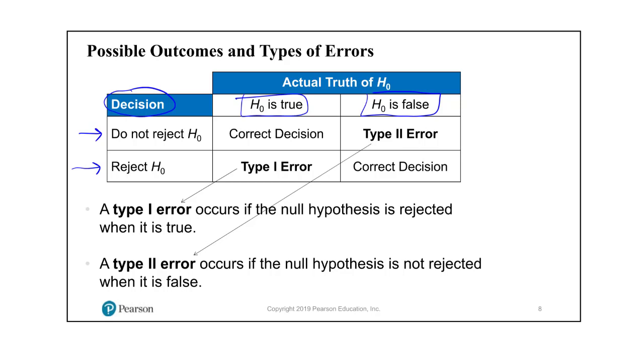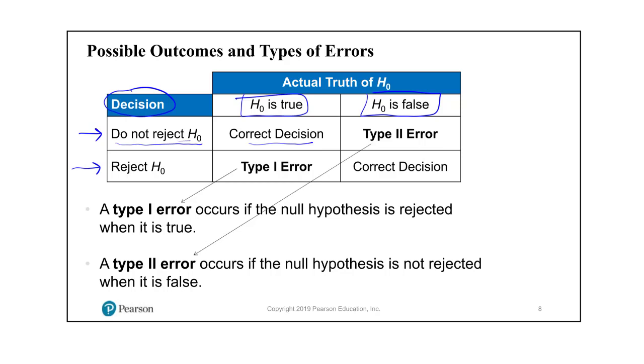So let's see how this matches up. Let's say we decided that we do not reject H0. We had to fail to reject H0. Well, if we didn't reject it and it was true, then we made the right decision. We didn't reject it and it was true, so good.